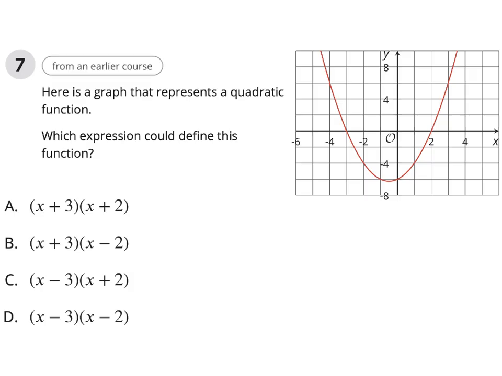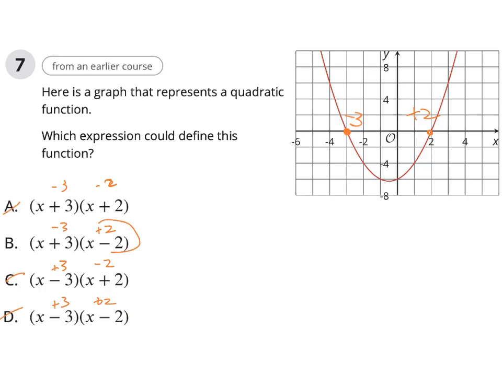Okay, let's look at this graph. The factors are -3 and +2. Now, you got to make sure you change the sign. So that will give you -3 and -2. This will give you -3 and +2. This will give you +3 and -2. +3 and +2. That doesn't work.